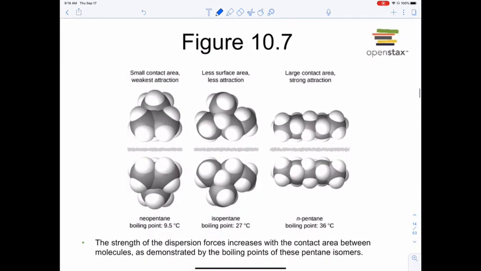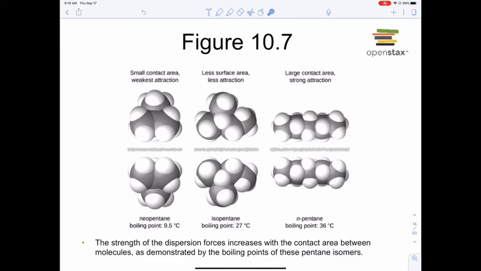So how do we know if these types of attractive forces are strong or weak, or whether they change? If we look at some organic solvents, this is called neopentane. It has 5 carbons and 12 hydrogens. There's another molecule called isopentane, and another called N-pentane, and they all contain the same number of carbons and hydrogens.